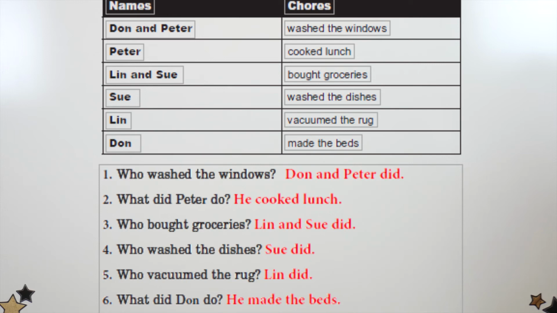Number 4, who washed the dishes? Sue did. Number 5, who vacuumed the rug? Answer, Lynn did. Number 6, what did Dawn do? Answer, he made the beds.